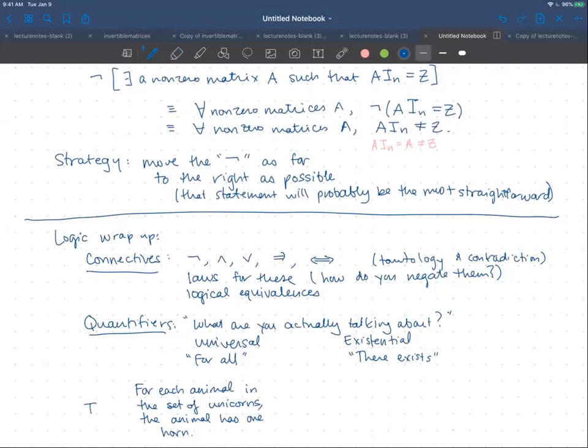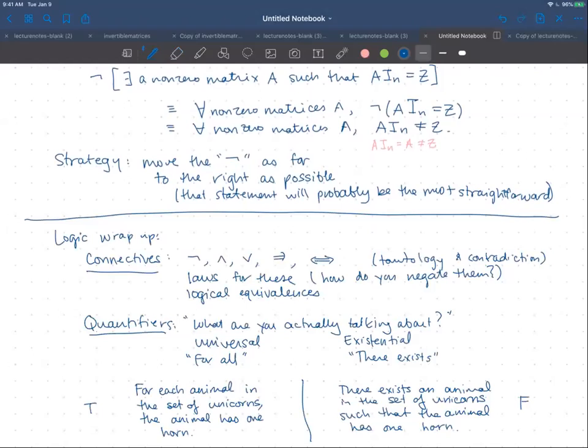The defining characteristic of a unicorn is that it has one horn. But if I wrote, there exists an animal in the set of unicorns such that the animal has one horn, I would say that statement is false.